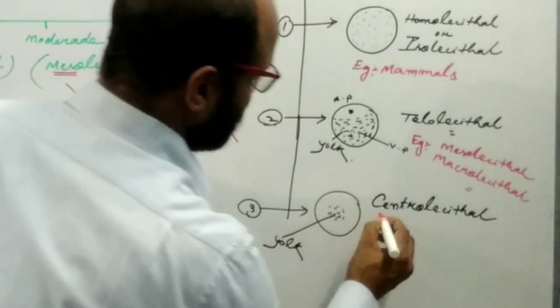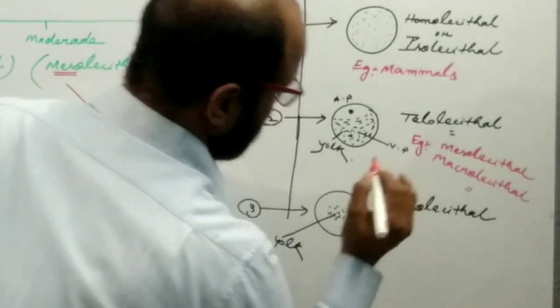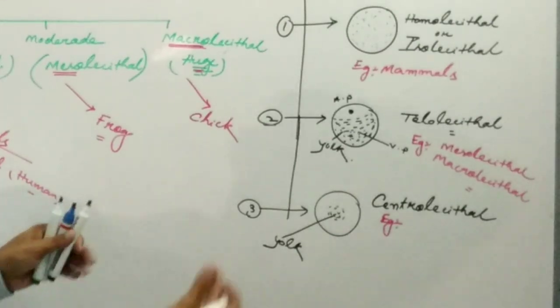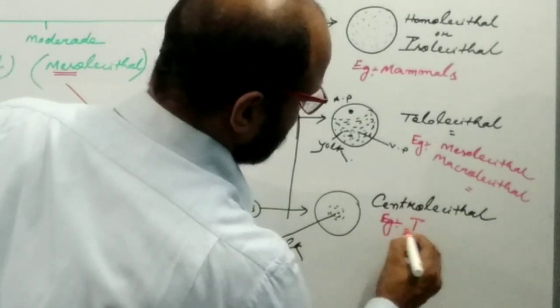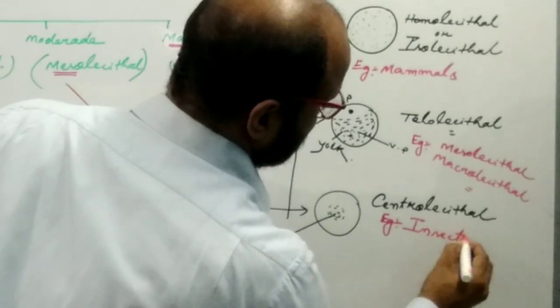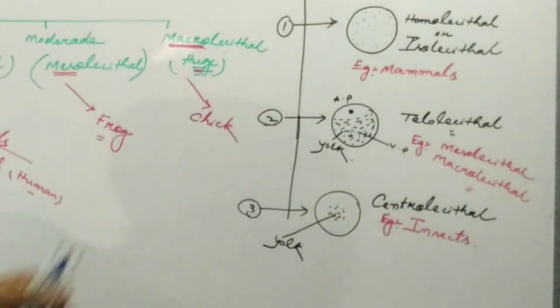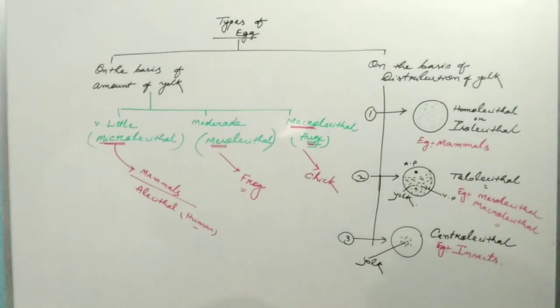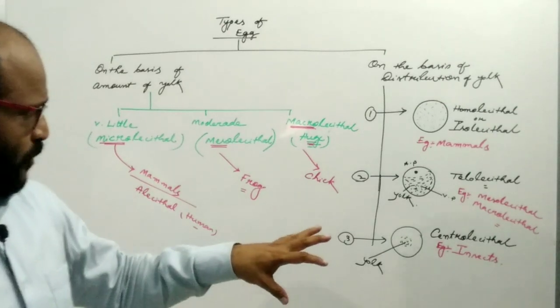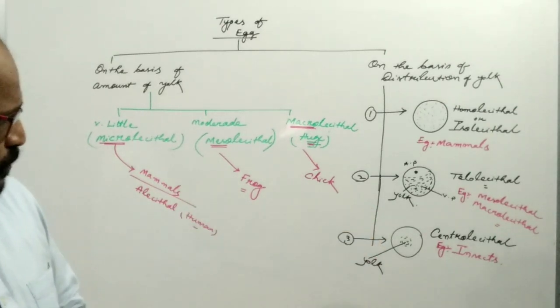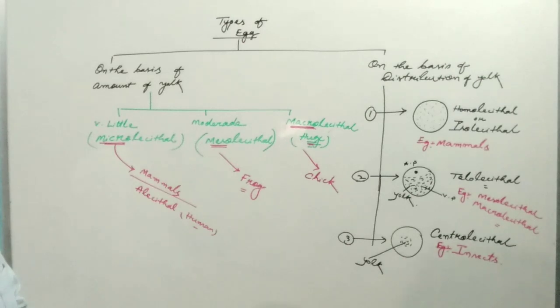Such centrolecithal eggs are not present in vertebrates. Centrolecithal eggs are actually present in insects. In insects, the yolk is present or accumulated at the center, and the egg is known as centrolecithal.